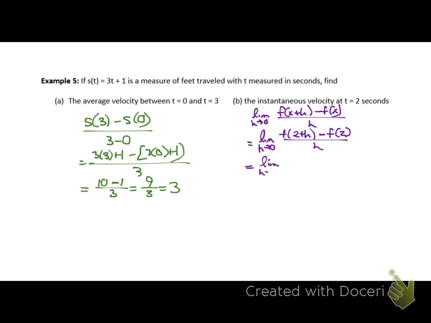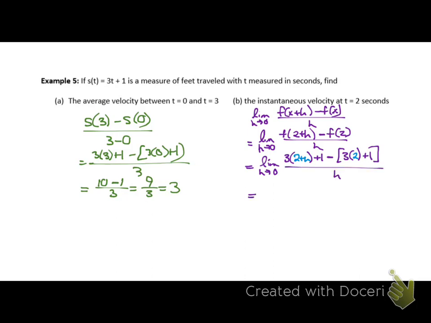We're plugging 2 plus h into the equation 3t plus 1. So we'll have 3 times 2 plus h, plus 1, minus 3 times 2 plus 1, all over h, and we'll do the math.